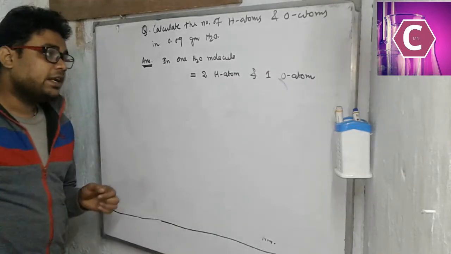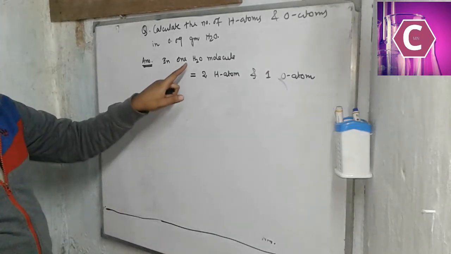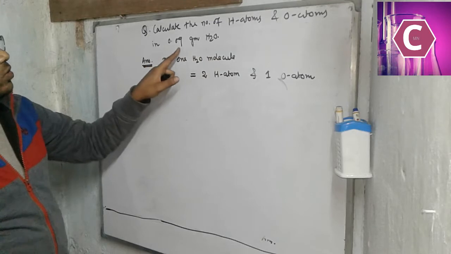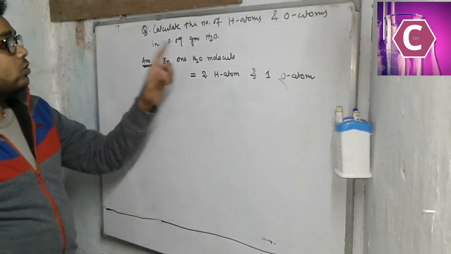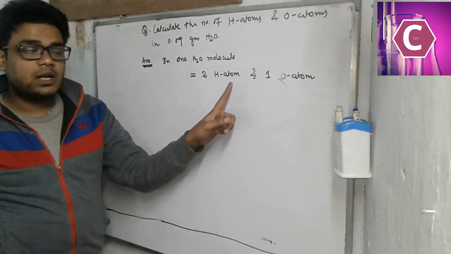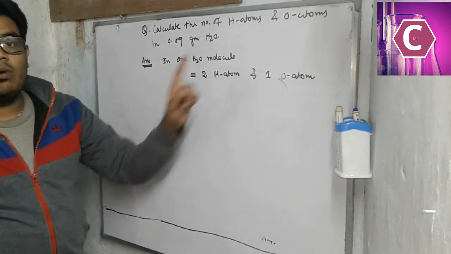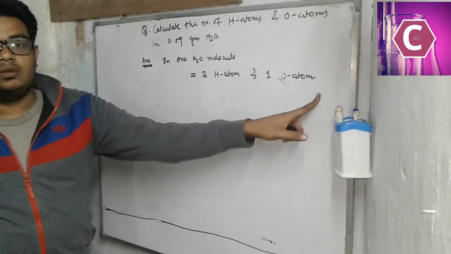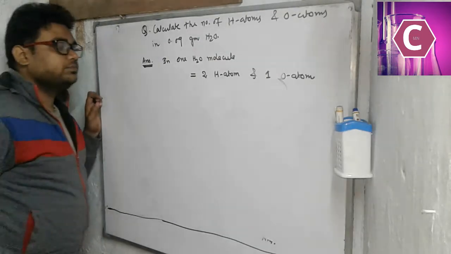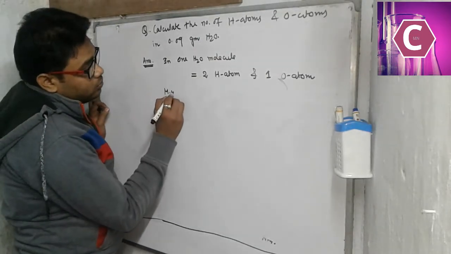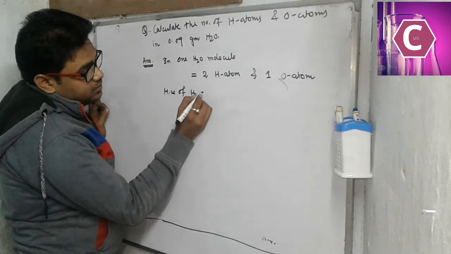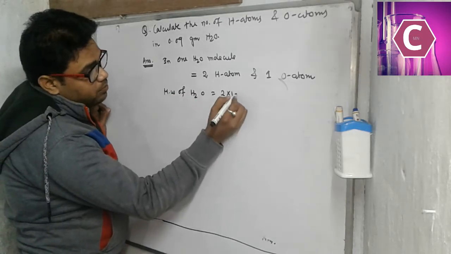So if we can determine the number of water molecules in 0.09 gram of water, then we can also determine the number of hydrogen atoms and number of oxygen atoms in this amount of water using this relation, right? So first, calculate the molecular weight of water, and that is equals to 2 into 1 plus 16, that is 18.